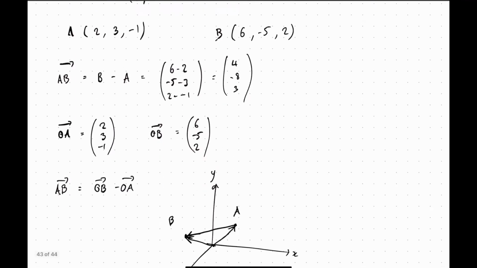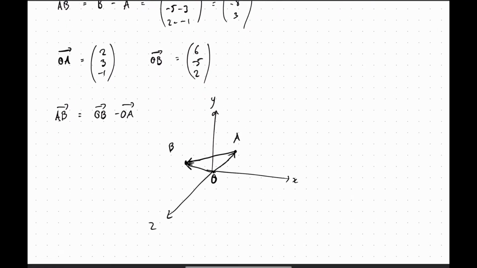OA is describing the origin to A, and OB is the origin to B. But if I'm going AB, it means I'm starting at A. I'm going the opposite direction to OA, so I'm going negative OA, and then I'm going the positive direction towards B. So it's positive OB, so OB minus OA. Okay?